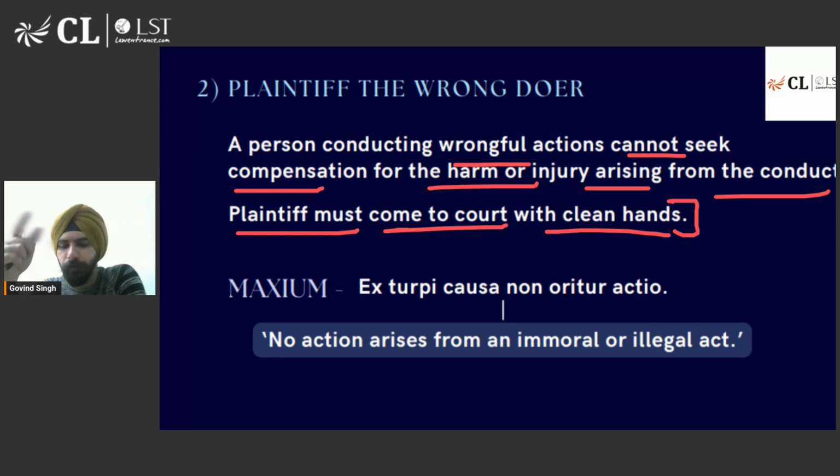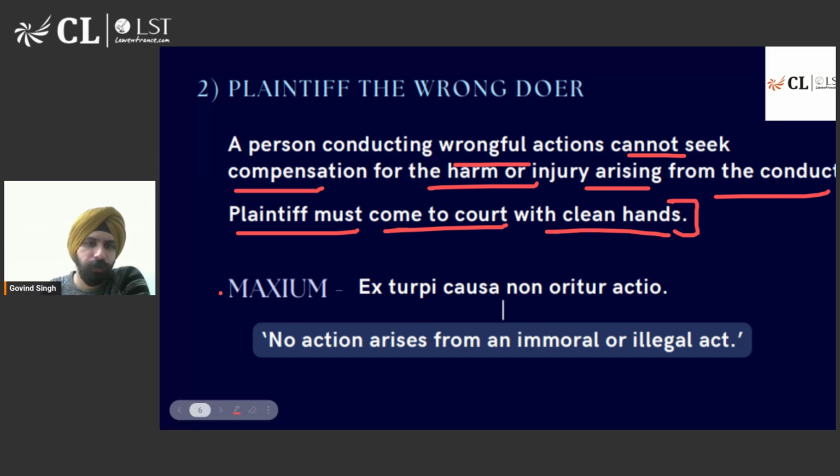No, he cannot, because although the drunk driver was negligent, although he was committing a particular tort, this person, the plaintiff, was also in the wrong. He was driving in the wrong lane, and that is why he cannot go to the court and claim damages. Or maybe if he can claim damages, he would not get damages to that extent. So that is the defense of plaintiff the wrongdoer.